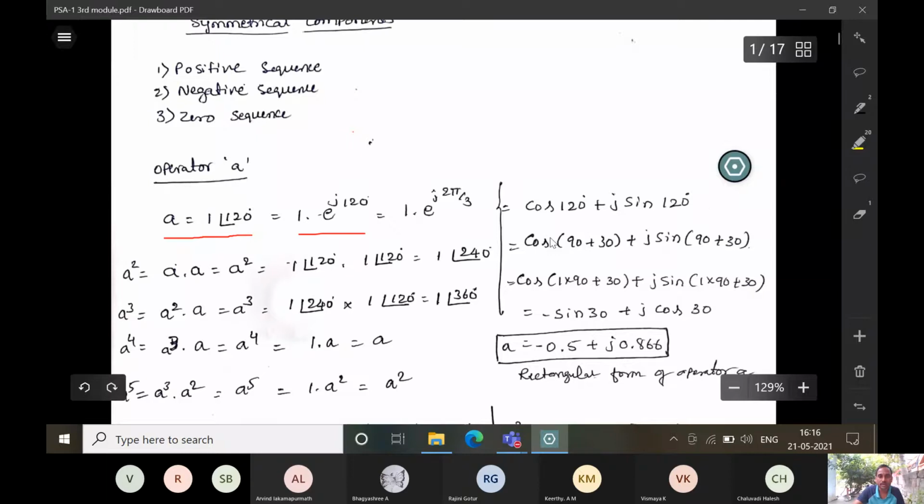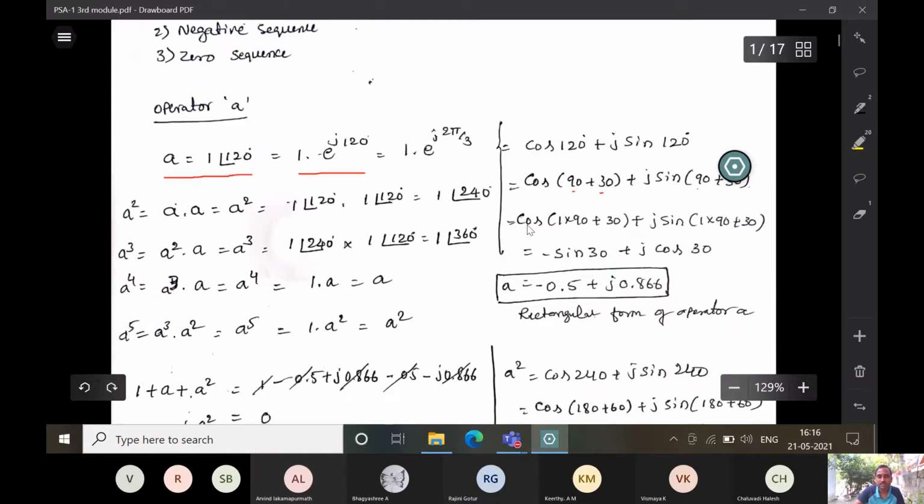Okay, how can we write it? We can write 120 in terms of 90 plus 30. So cos of 90 plus 30 plus j sin of 90 plus 30. Okay, and you can also write it as cos of 1 into 90 plus 30. So 1 is an odd number. All of you know this trigonometrical rule.